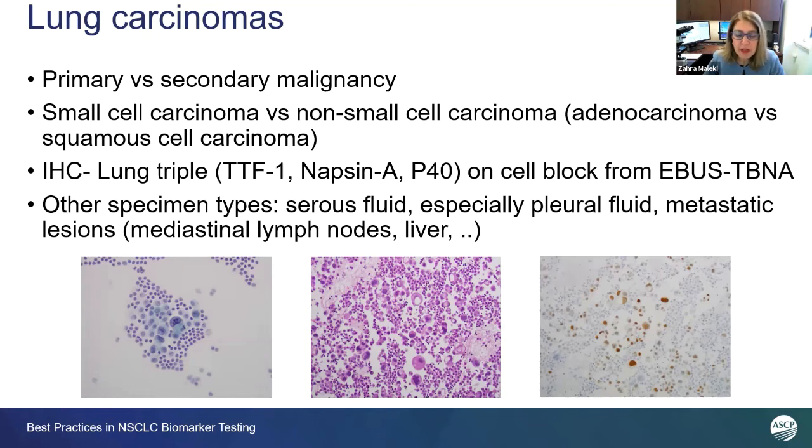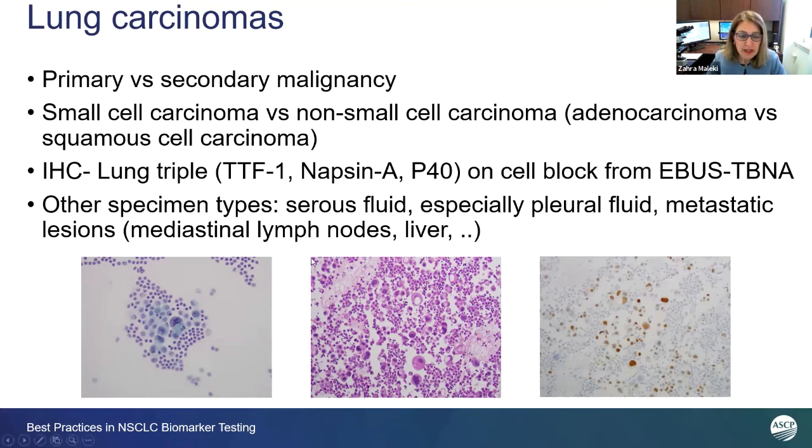I should add that in addition to EBUS-TBNA specimens, we might actually have other types of specimens that also require the diagnosis for non-small cell lung cancer and molecular studies, such as serous fluid, especially pleural fluid. Sometimes it might be metastatic sites, such as mediastinal lymph nodes, liver, and other sites.